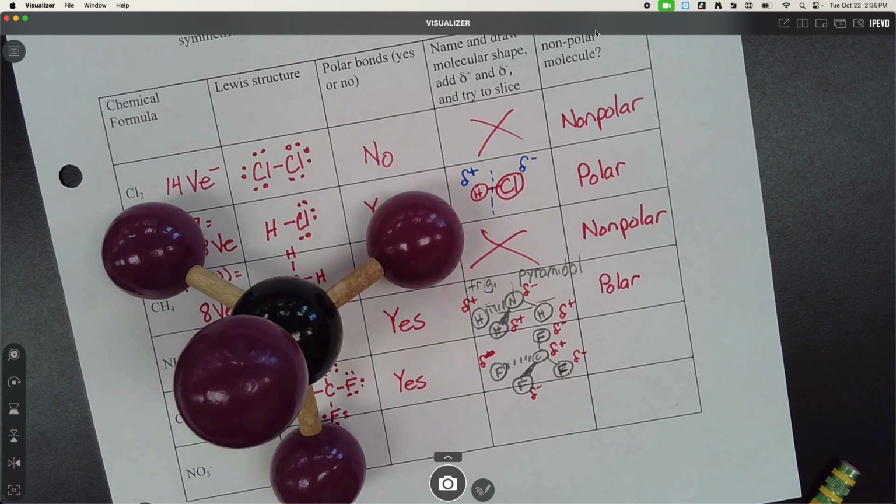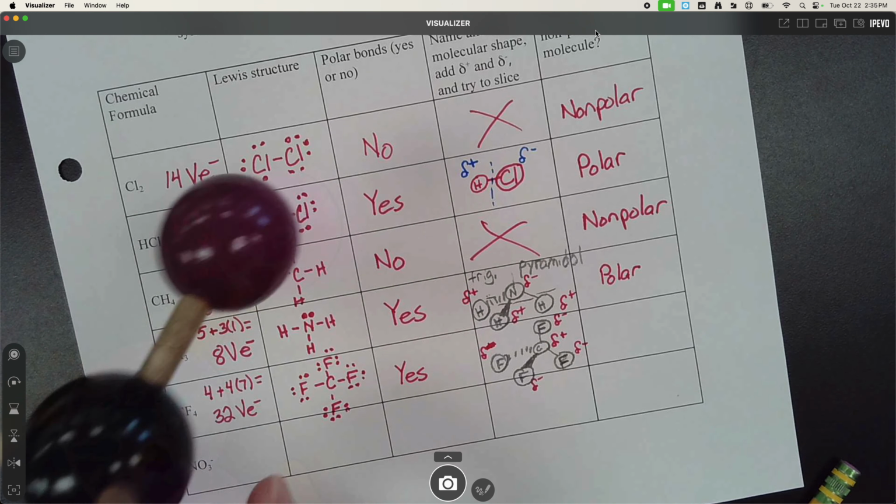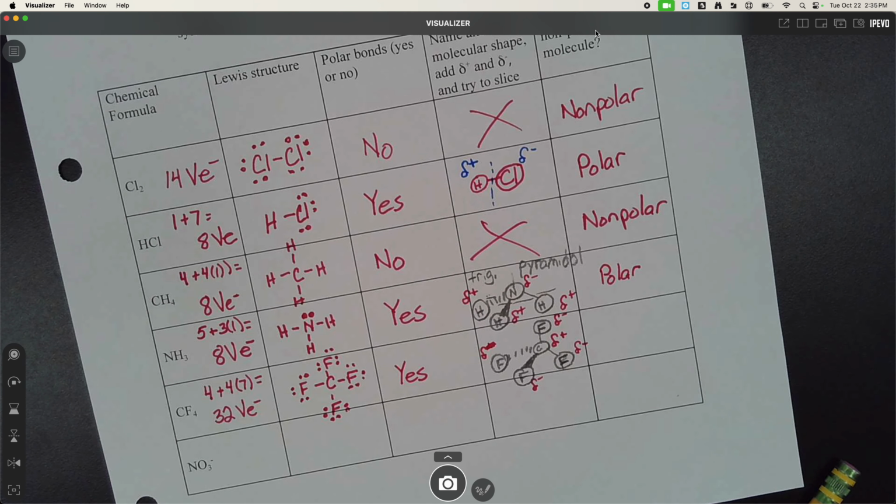And sure enough, our molecule kit confirms our choice of tetrahedral here. And with my fluorine being negative and my carbon being positive, I now try to take this thing and point all the negatives away from me and the positive toward me.